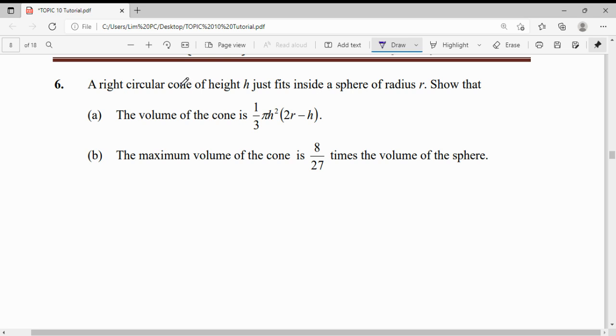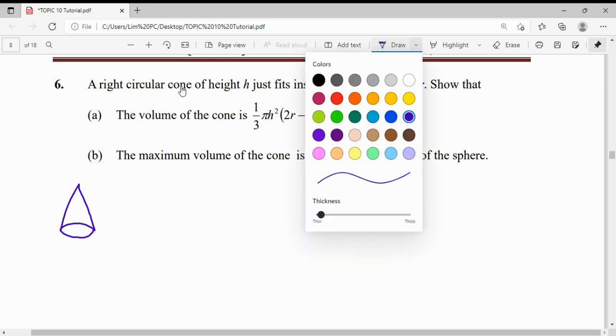So as we can see here, our shape is a cone inside a sphere.